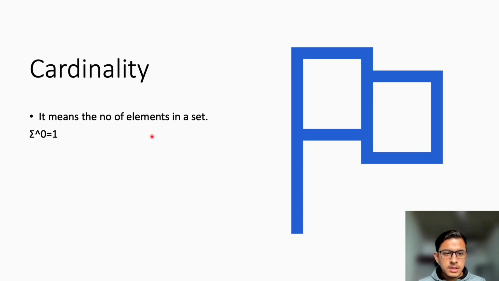So you can see sigma power 0 has cardinality 1, sigma power 1 has cardinality 2, and sigma power 3 has cardinality 8 and so on. Coming to sigma power n, the cardinality would be 2 to the power n.